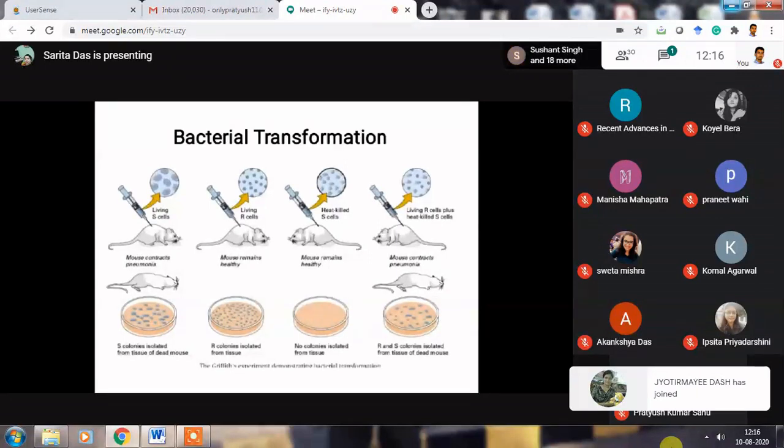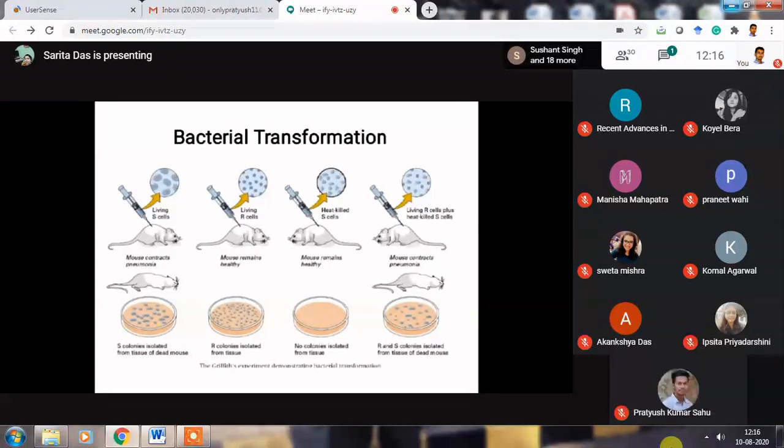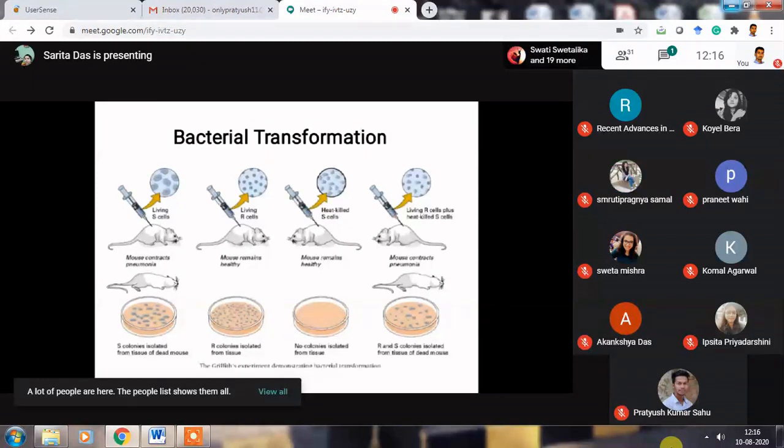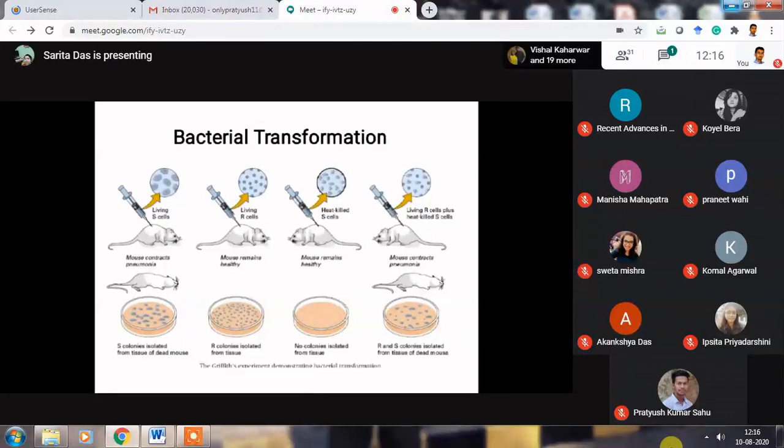So that means pathogenicity is due to the capsulated smooth form. And then he used the heat-killed S form, and he found that the mice were alive and no bacteria were found.